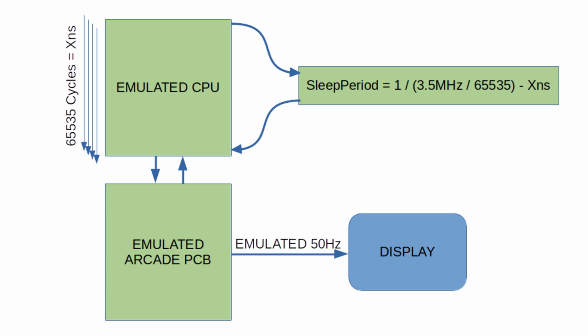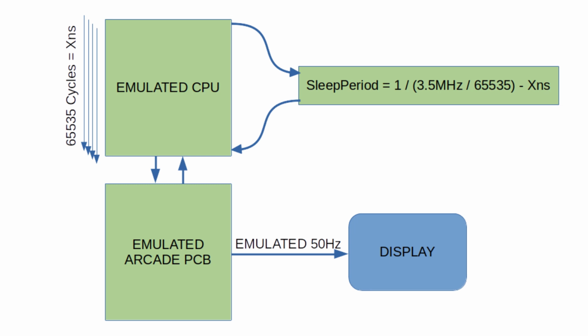So if I do it every 65,535 CPU cycles of the emulated CPU, then I can get a lot of the running of the CPU done before I have to do any work on how to restrict the flow of the CPU. I do this in the same way as I showed on the last diagram: I time how long it takes the emulated CPU to do those 65,535 cycles, and then I take that away from the amount of time I want to suspend the CPU for in order to get a consistent frame rate, and I just pause for the rest of that time.